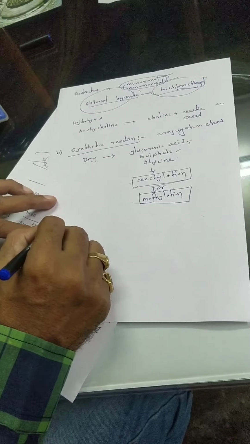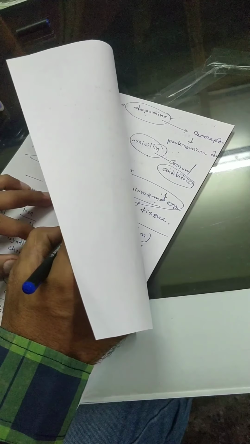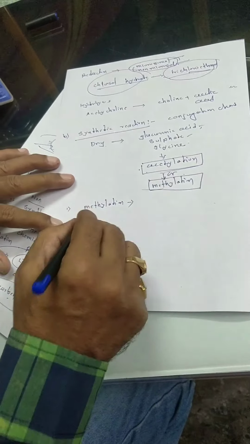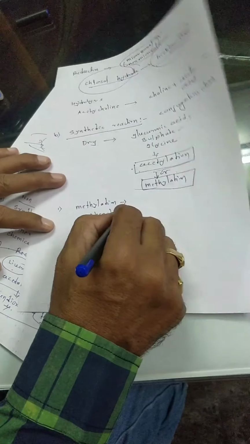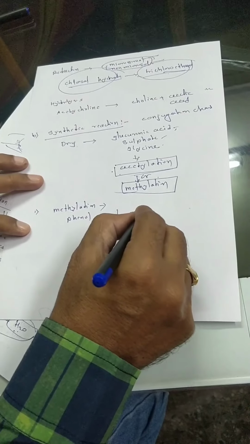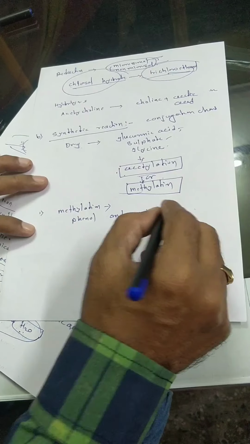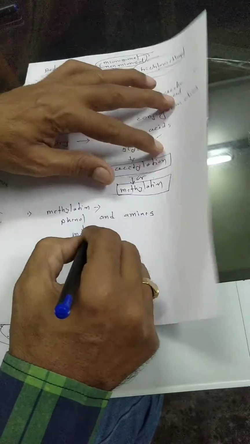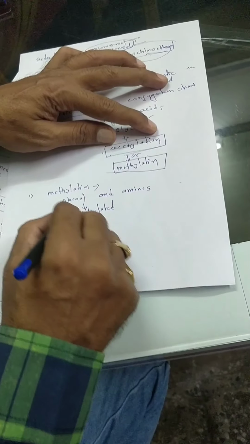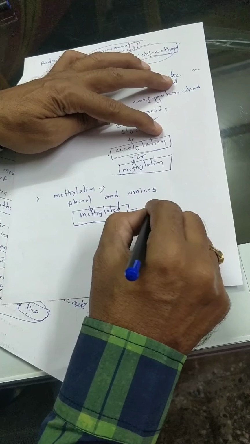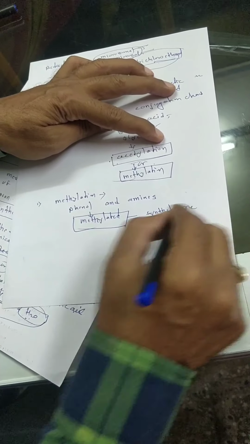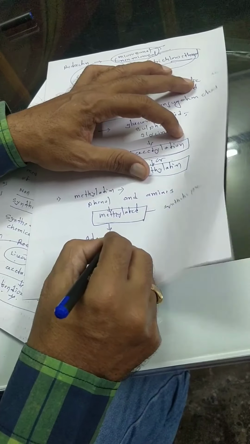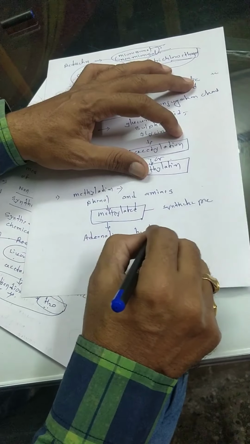Now example, what is methylation? Phenols and amines can undergo the methylation process, a synthetic process, and finally you get adrenaline and histamine.